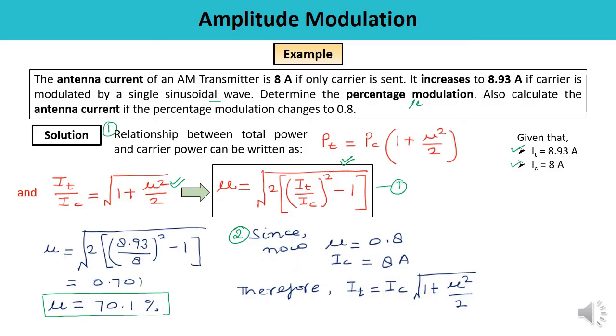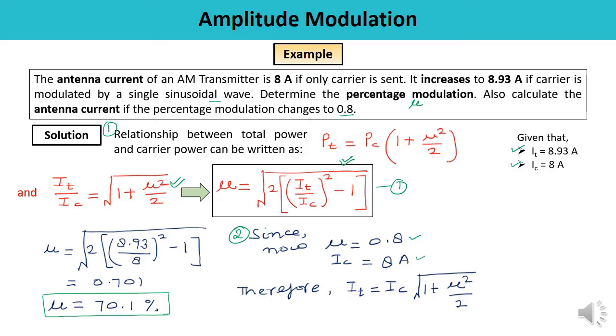From this equation, you have to calculate the antenna current, that is IT. It is given that the percentage modulation changes to 0.8, which means the value of mu is 0.8. IC is 8 ampere. Just substitute the values of IC and mu in this equation and calculate IT.